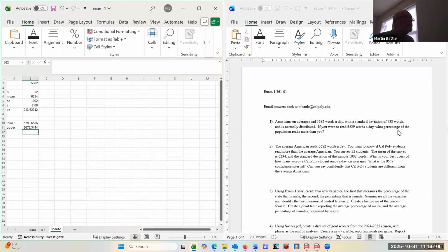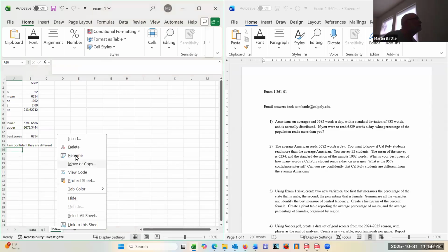So I want to know if Cal Poly students, so my best guess is actually simply equal to the mean of my sample. And this is my confidence interval, upper and lower bound. And yes, I am confident that they're different, aren't I? Because 5,682 is not in the confidence interval. I'm confident they're different.